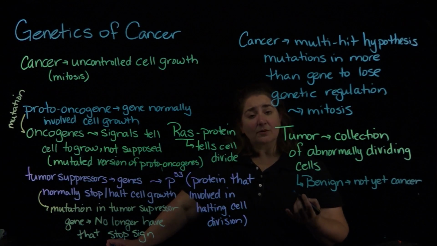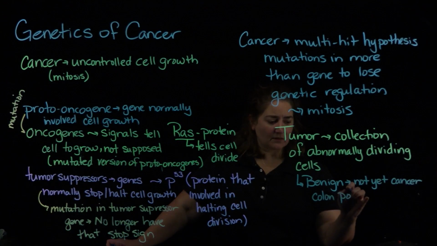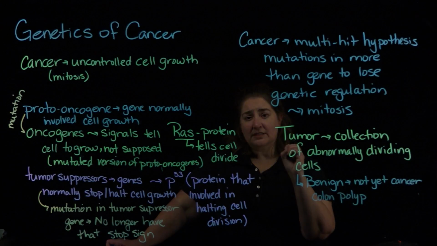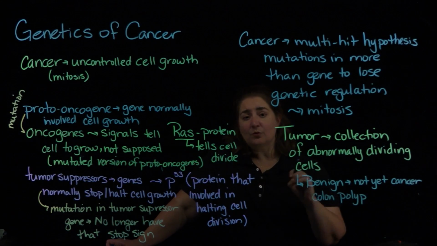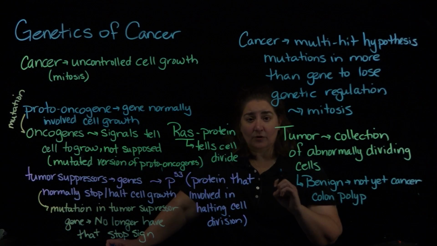An example of a benign tumor would be a colon polyp. So you get an abnormal growth of cells inside the colon, but they haven't moved from where they started in the colon.